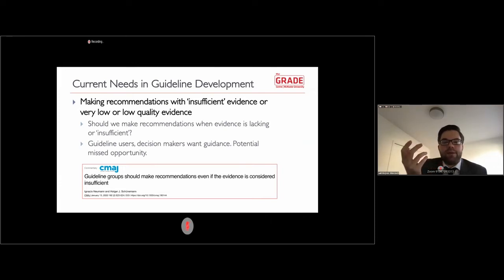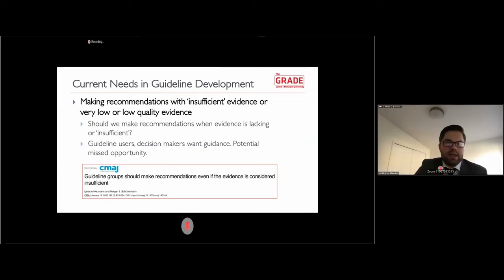And by convening a panel, reviewing all available evidence, and realizing that there really isn't much evidence, or evidence is lacking, or it's low or very low quality evidence, it's still a potential missed opportunity, because the panel is in the best position of actually making a recommendation as compared to individual practitioners who still have that question.